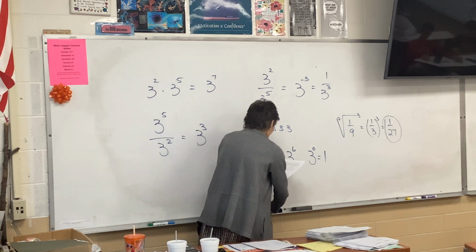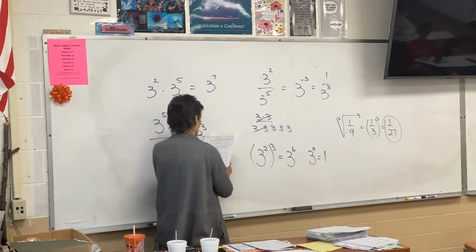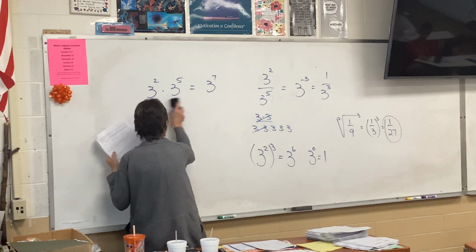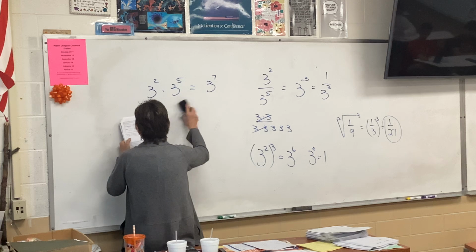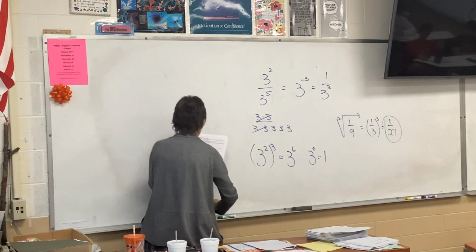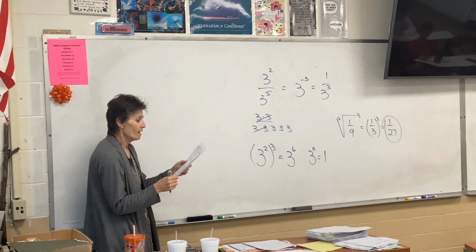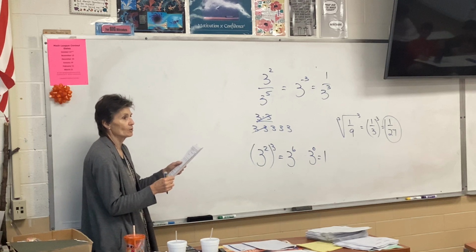All right, the same exponent rules can be used when working with horizontal transformations of exponential functions. So example 1a says, determine the horizontal transformations of each of the following exponentials. Okay?